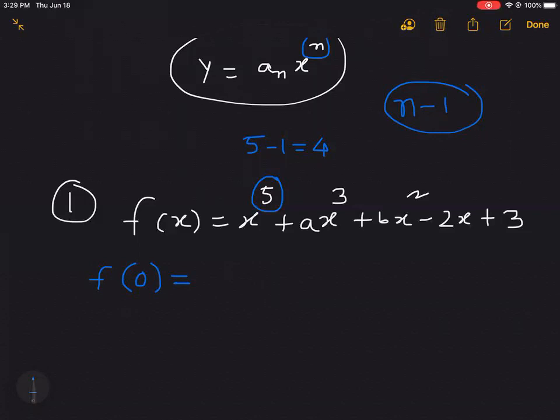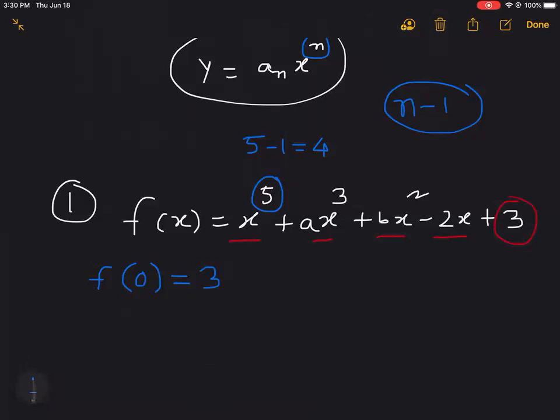So if we plug in 0 in place of x, all of this will become 0 because x is 0. So we'll be left with this, which means our y-intercept is this.